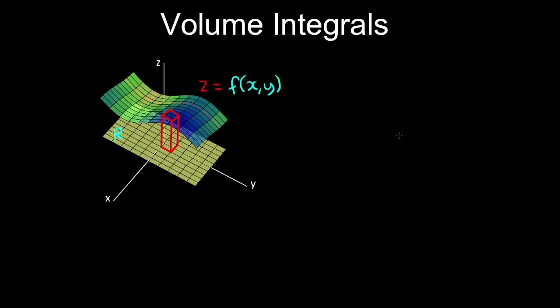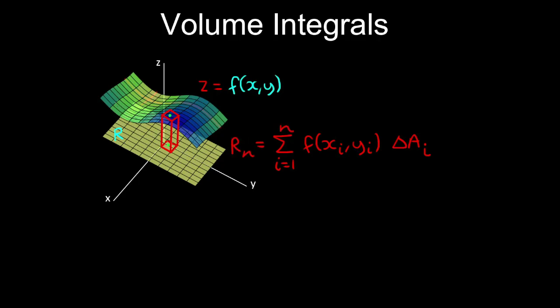And if we take the area of the base of this rectangular prism as delta A, and this is the area of a rectangle in this region, which we index as rectangle i, and multiply this by the value of the function at some point in this rectangle with coordinates x_i and y_i, this gives the z coordinate of a point on the surface. And if we sum these volumes over the number of rectangles in this region, then that gives our Riemann sum.